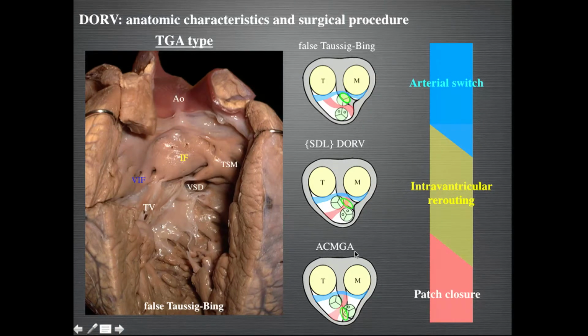We know this before the surgery, and it is very good information for during the surgery. The patch closure of this one is interventricular rerouting and the arterial switch procedure. Even with a TGA type, anatomically corrected malposition of the great arteries, we can do patch closure of the VSD, then biventricular repair, and it is successful.